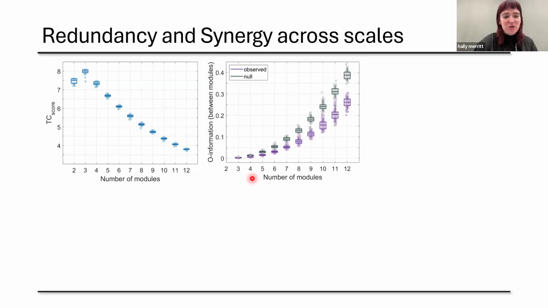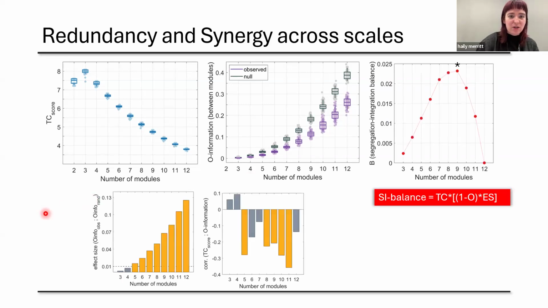While people collect their thoughts, maybe I'll ask one question. It's interesting that you get 7 to 9 modules when you see the highest SI balance, in line with the canonical Yeo systems. I have a two-part question. How many nodes were in the parcellation you were using, and did you look at different sizes of parcellations?